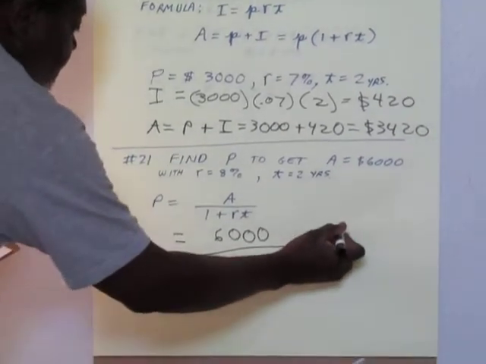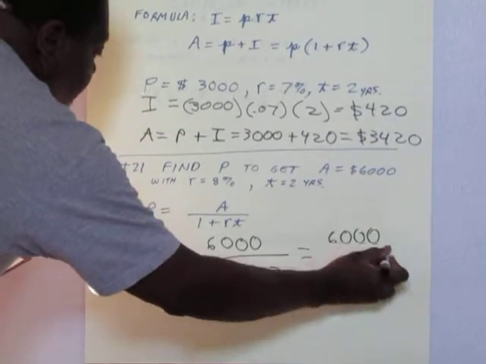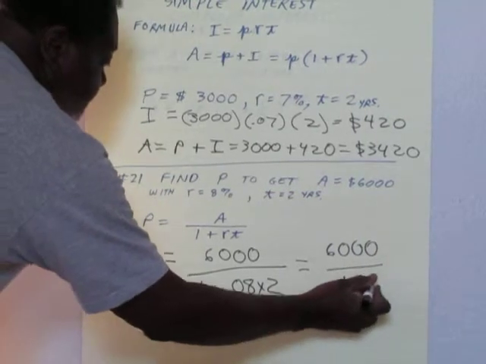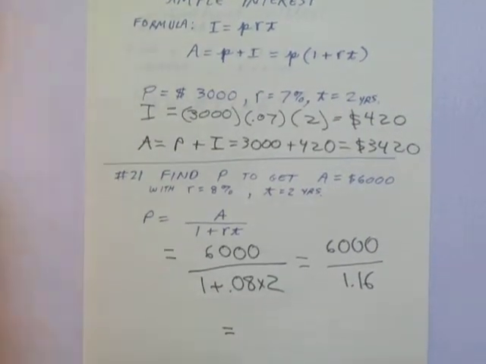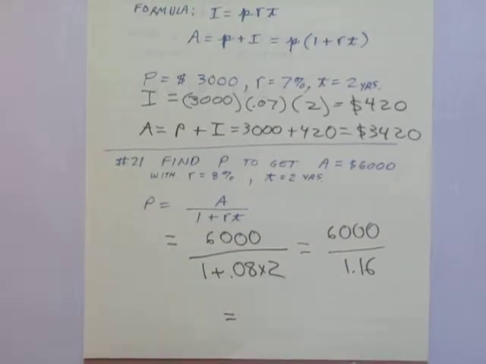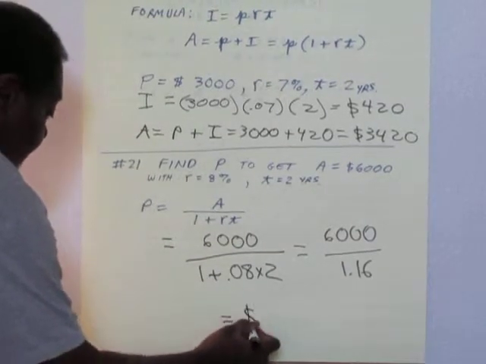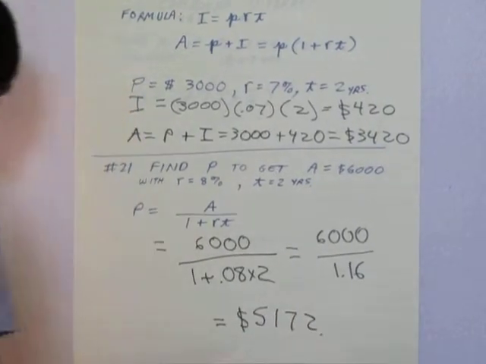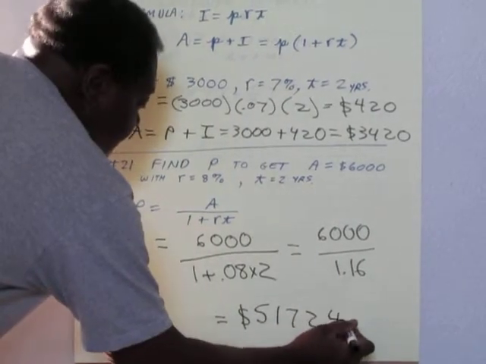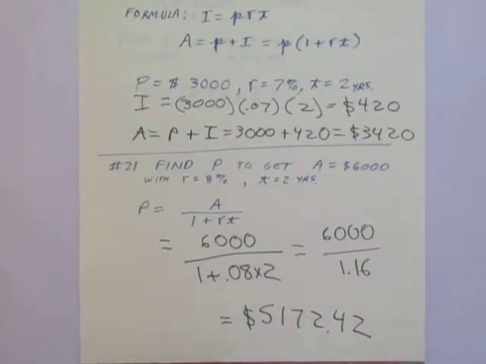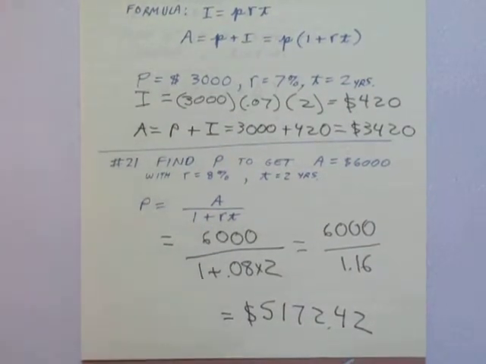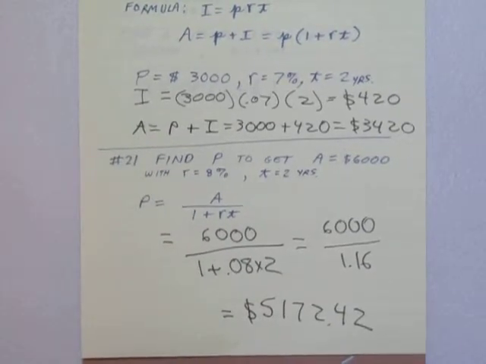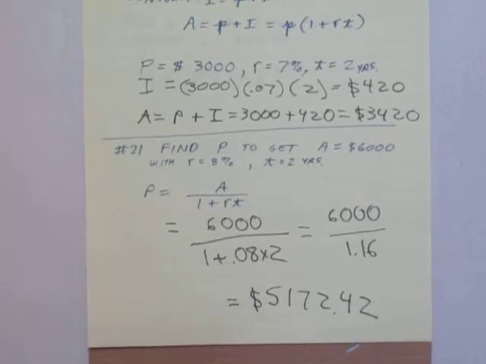That's 6,000 divided by 1.16, and the principal that should be invested today is $5,172.42. Note in this problem, don't round off, take the next higher penny amount. Rounding off will make you a little short, so this is not rounding off.